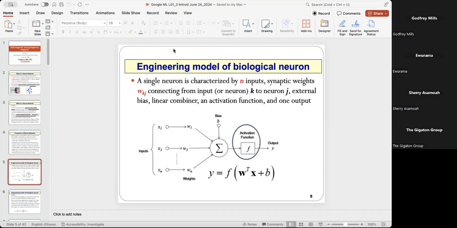So this is the neuron. Now we are looking at how the unit cell behaves. In terms of machine learning, that neuron, we said, performs a simple process. Now, from the biomedical side, again, we have what you call the nervous system, and we have what you call external stimuli.